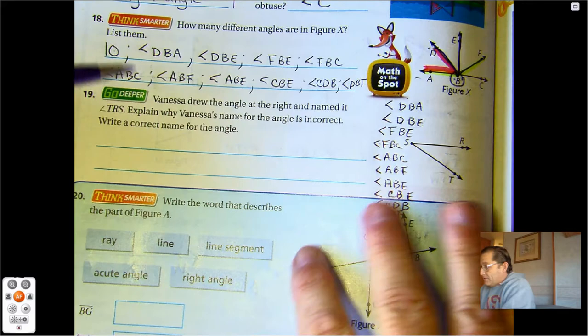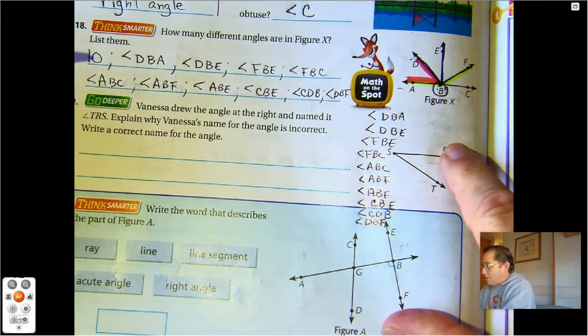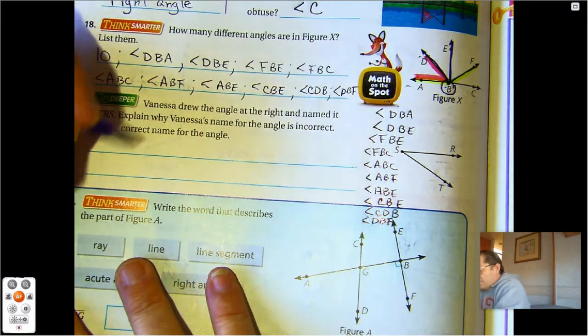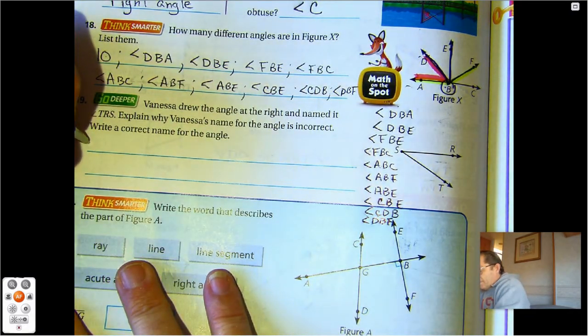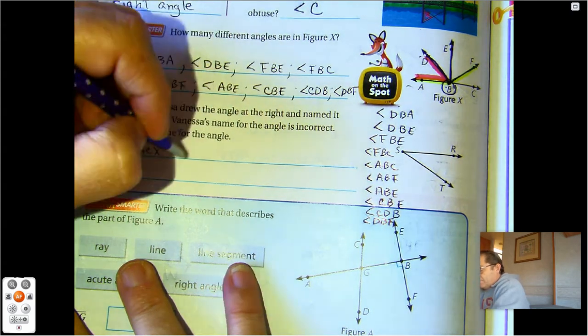Now, 19. She drew this angle at the right and named it angle TRS. Why is that name incorrect? The vertex has to be in the middle.